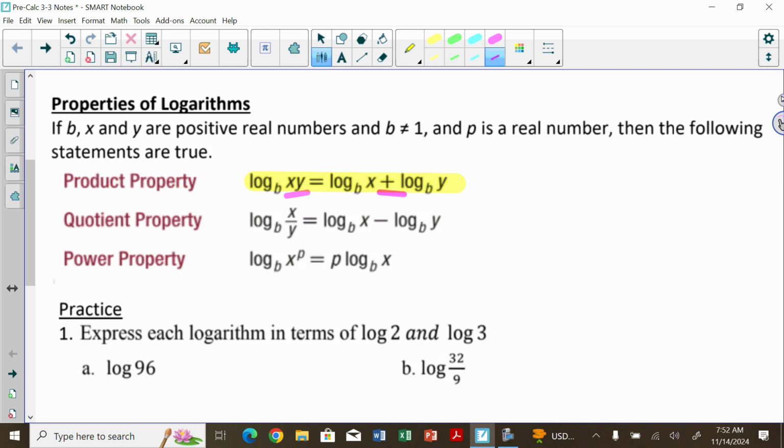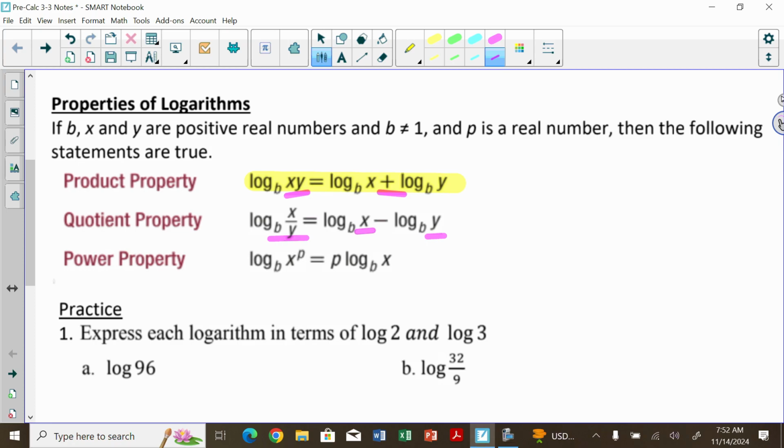Same thing with the quotient. Those are very similar to the other ones. You have log base b of x divided by y, so you can subtract those, as long as they're the same base: log base b of x minus log base b of y. Now here's the power property, slightly different, but you'll get used to it.